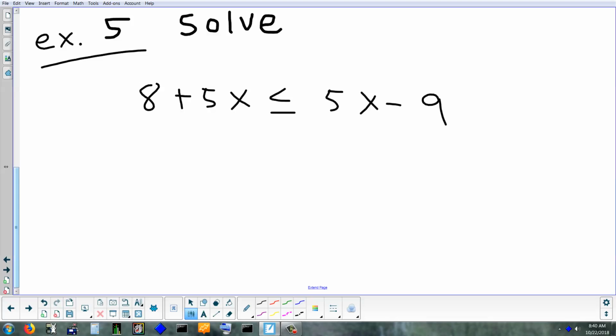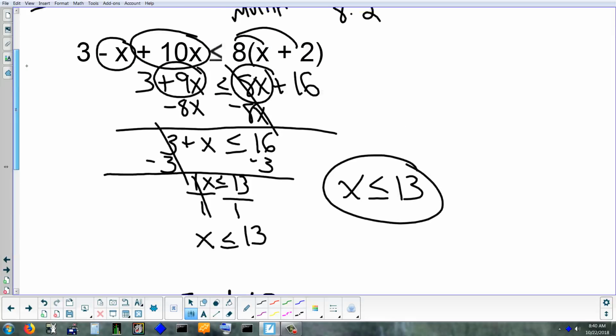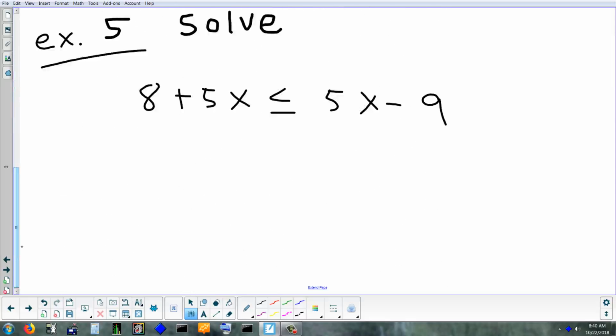This one here had a number first. It still came out okay. I mean, if you wanted to, Ellie, we could go 5x plus 8 is greater than 5x minus 9. You could do that too. All I do is just flip these. We don't have to.